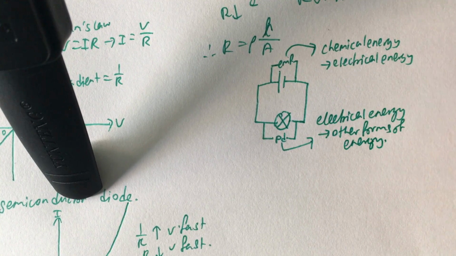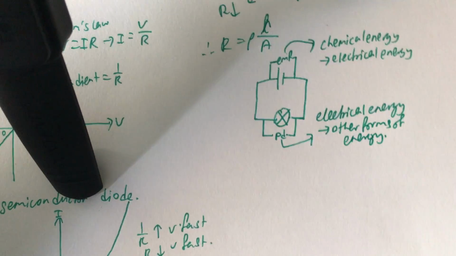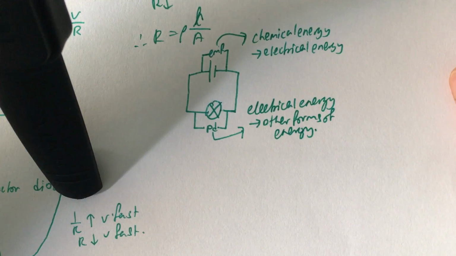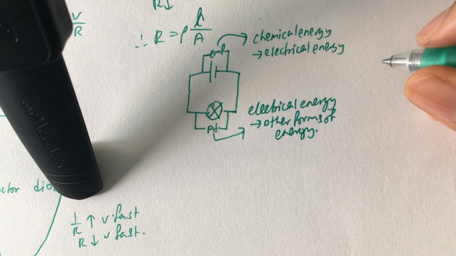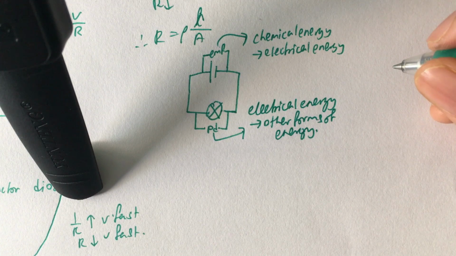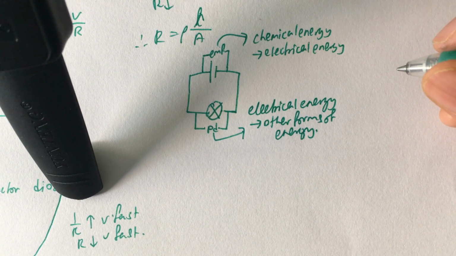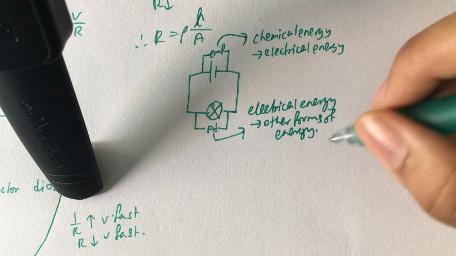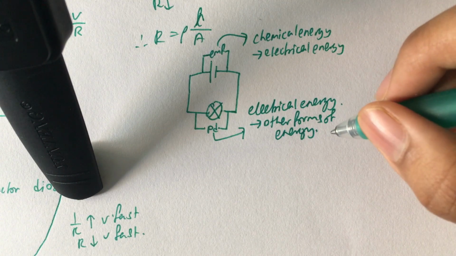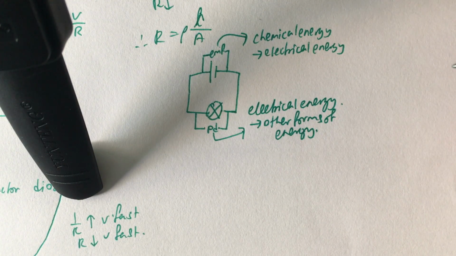You're converting the energy from chemical to electrical energy, and in potential difference you're converting the electrical energy into other forms of energy like heat, sound, or light energy, anything. So that's the difference actually.